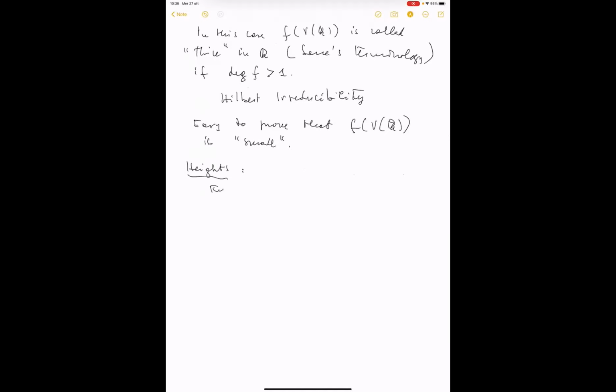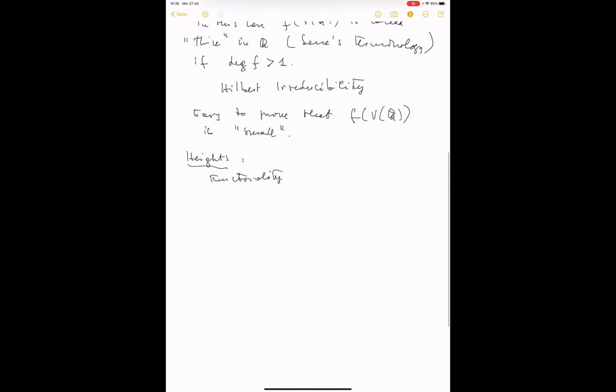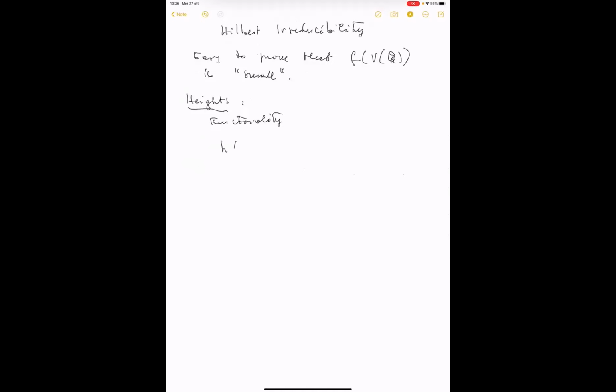By functoriality we have the following inequality: the height of the value of f at a point x in V of Q, or more generally in V of Q bar, since f is supposed to have degree greater than 1, is at least twice the height of x plus an error term.